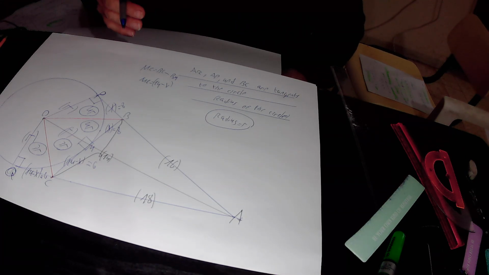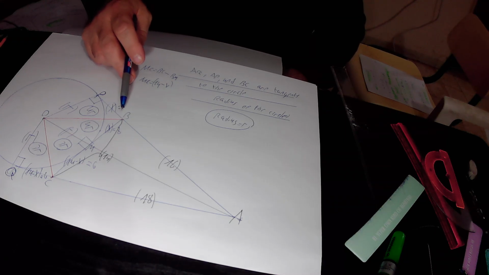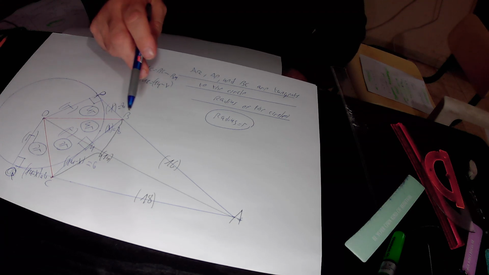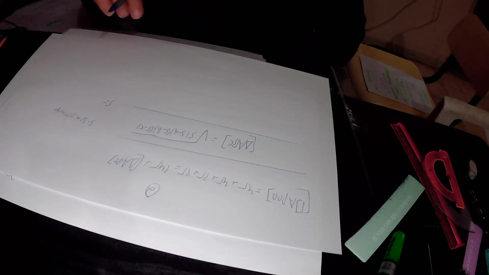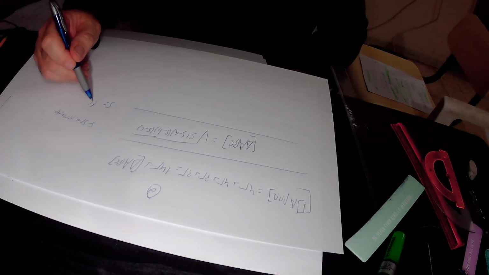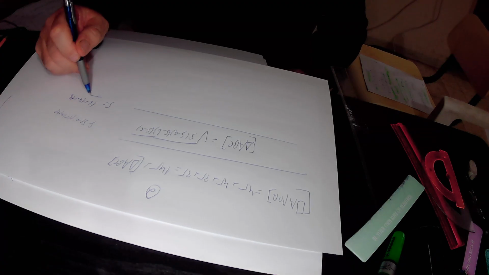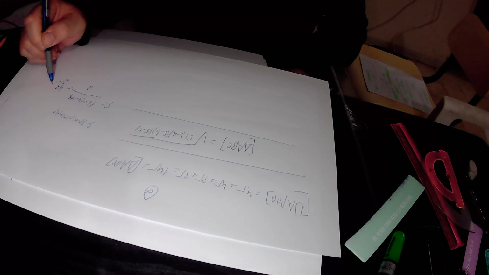And the perimeter of this triangle ABC equals the sum of its 3 side lengths. It's 16 plus 14 plus 18, over 2. Over 2 is the semiperimeter. 16 plus 14 is 30, and 30 plus 18 is 48, over 2. 48 over 2 is 24.